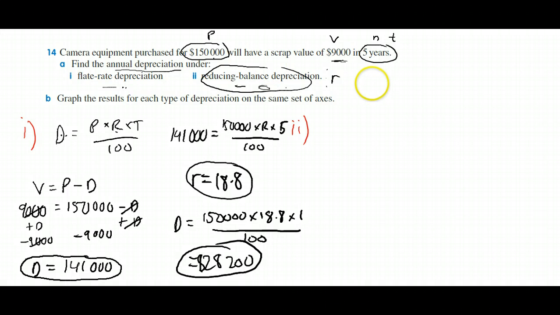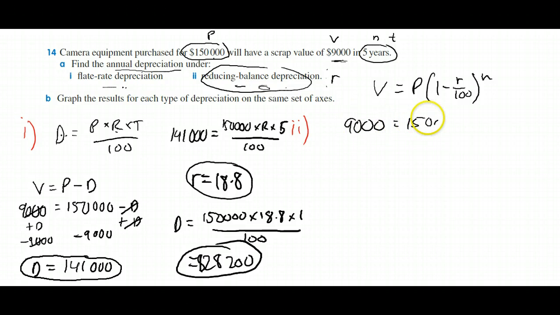So if we have our equation for reducing balance depreciation, V equals P times (1 minus R over 100) to the power of N. Okay, if we substitute in the values we've got V equals 9,000, we've got P equals 150,000, we've got 1 minus, we don't know R, over 100, and we've got N equals 5. If we use all of this, we should be able to find a value for R.